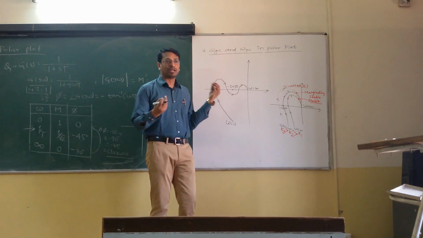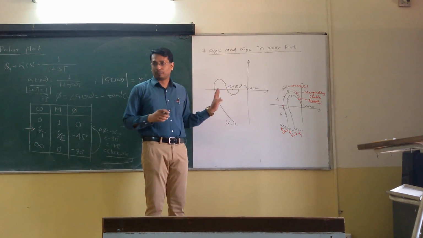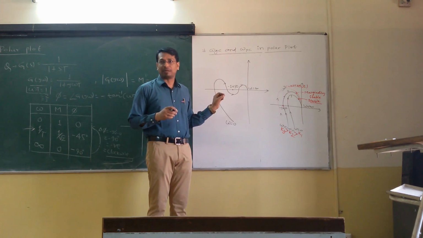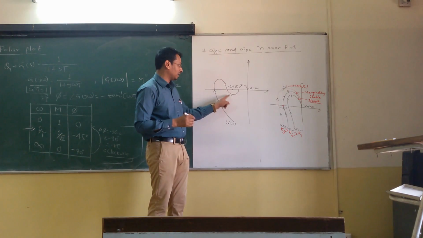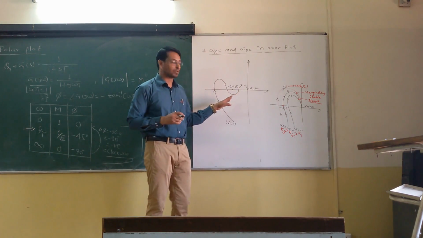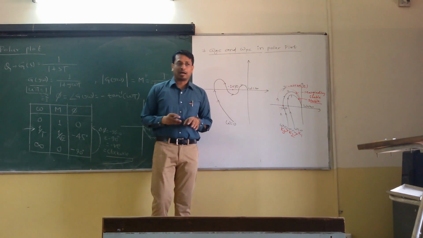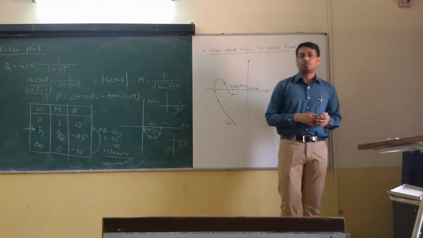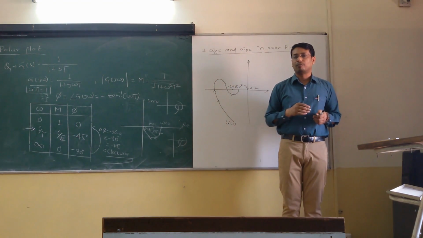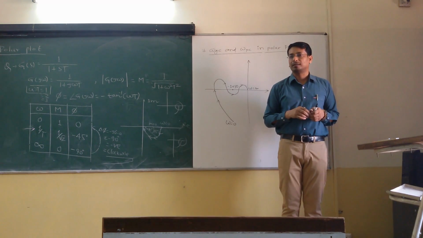But suppose, though the case may be rare, you get a curve like this, which may be possible for some system. For such a system it is very difficult to define the inclusion of the -1 plus j0 point.